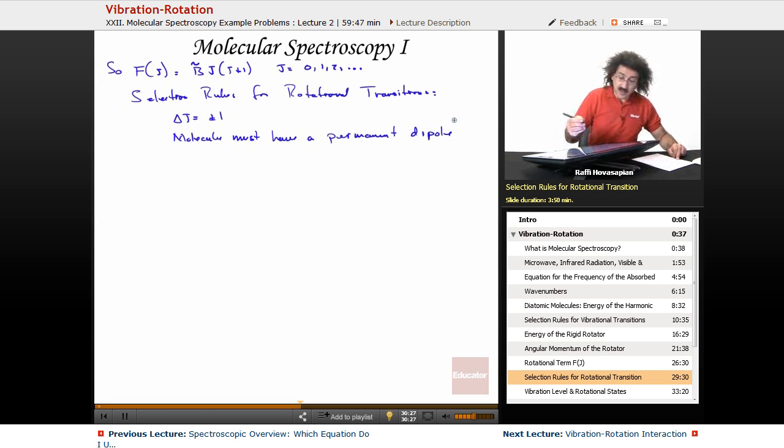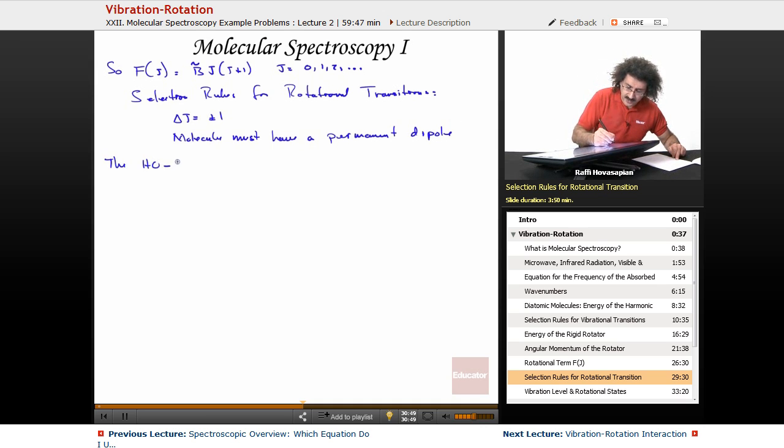Okay, now we have the rigid rotator energy, we have the harmonic oscillator energy. Therefore, like we said, the transitions in the infrared, the vibrational transitions, are accompanied by rotational transitions. So the combined energy of the transition is going to be the energy of the rotation plus the energy of the vibration.